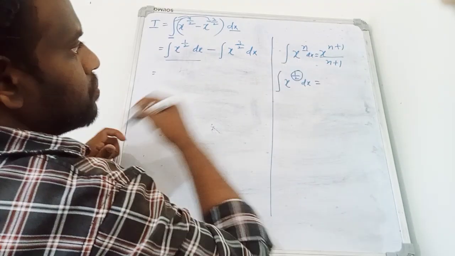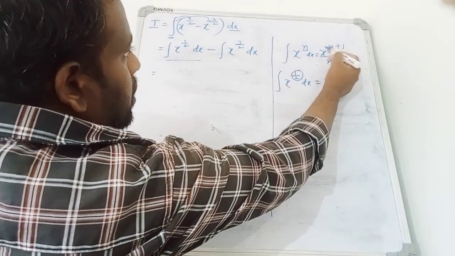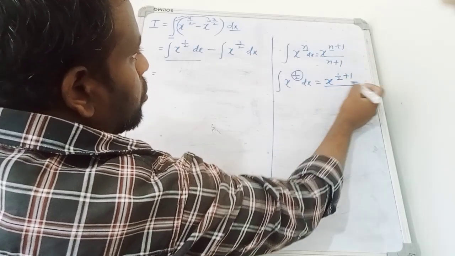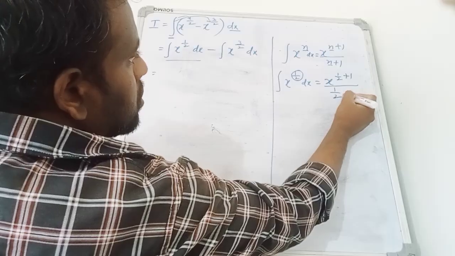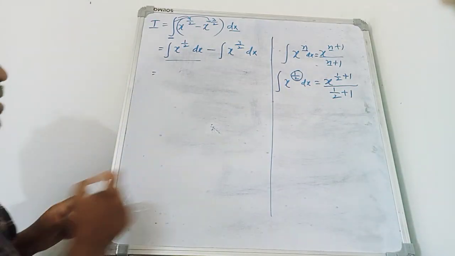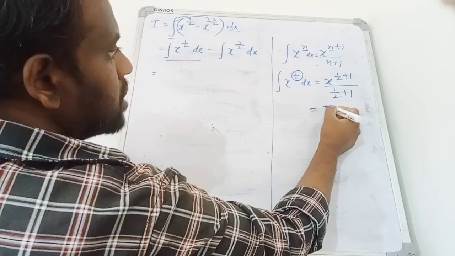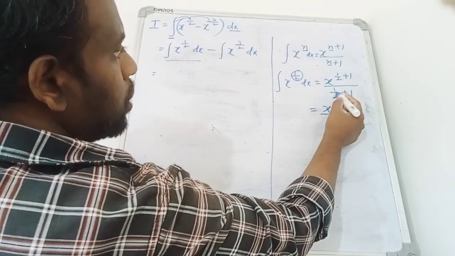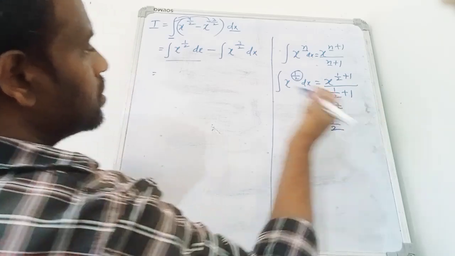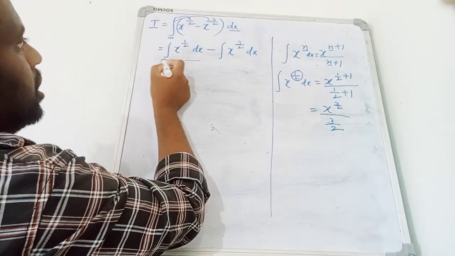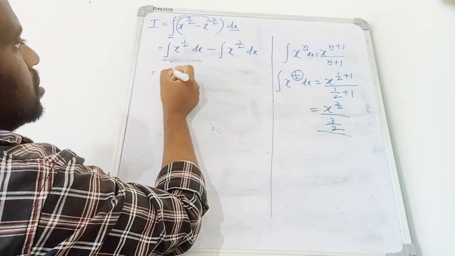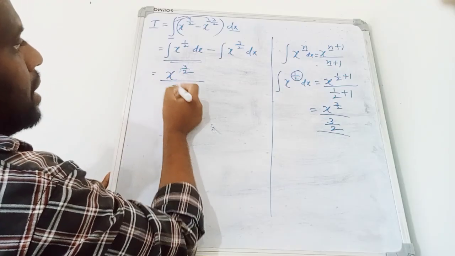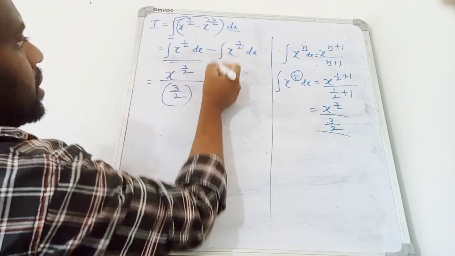According to this formula, x to the power of (1 by 2 plus 1) whole divided by (1 by 2 plus 1). 1 by 2 plus 1 is 3 by 2. So in place of this I write x to the power of 3 by 2 whole divided by 3 by 2. Next, minus.